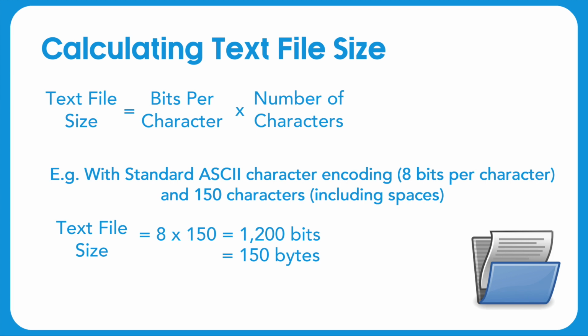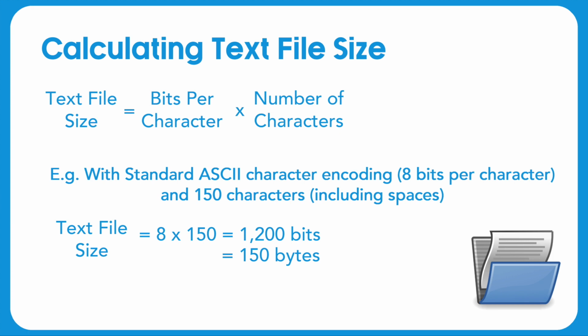So, if we have a file with 150 characters in it, including spaces, then we can calculate the file size by multiplying 150 by 8, which is 1200 bits. To make this a bit more friendly to read, we can convert this into bytes by dividing by 8, meaning that we have a 150 byte file.